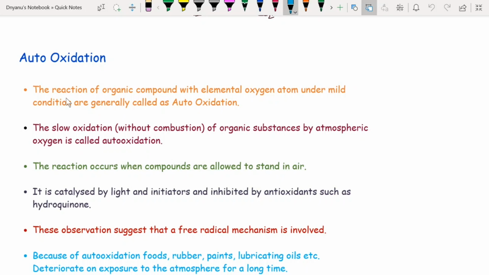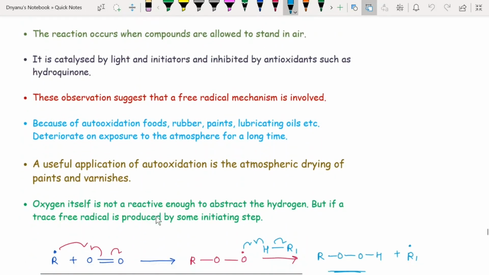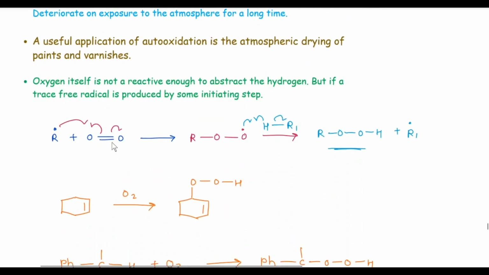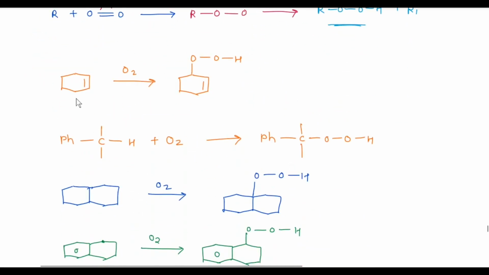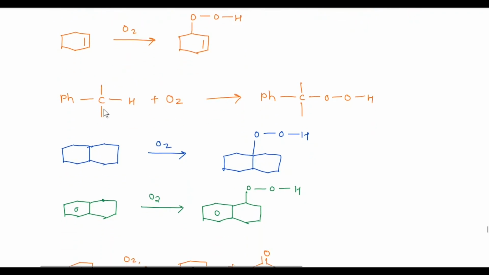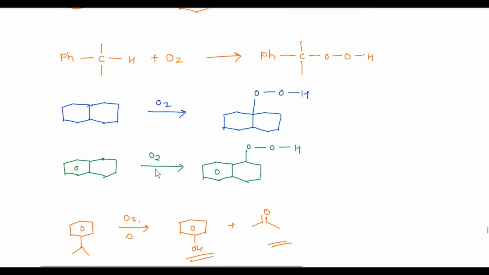We learned about autooxidation, its different definitions and characteristics, its reaction, how oxidation takes place and how hydroperoxide is formed. We took different moieties, that is allylic hydrocarbons, decalin tertiary groups, and also saw the benzylic oxidation and formation of hydroperoxide.